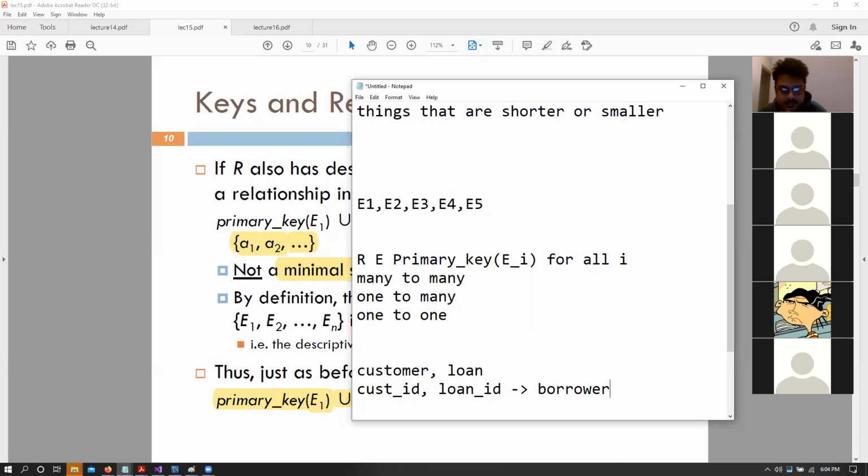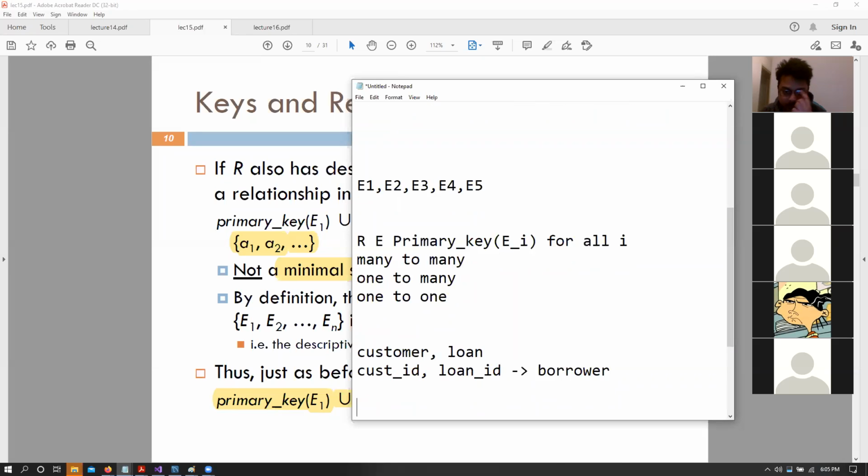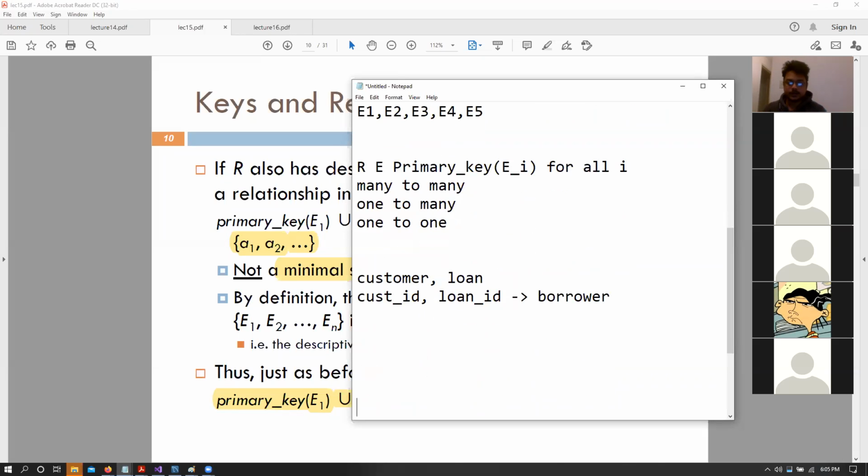You can make random guesses. I don't mind. I have one many-to-one. Any other answers? Many-to-one? Okay. Remember what we talked about last class, right?